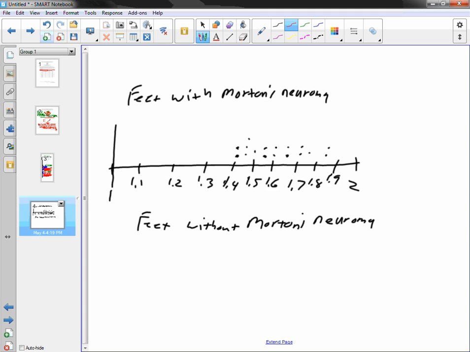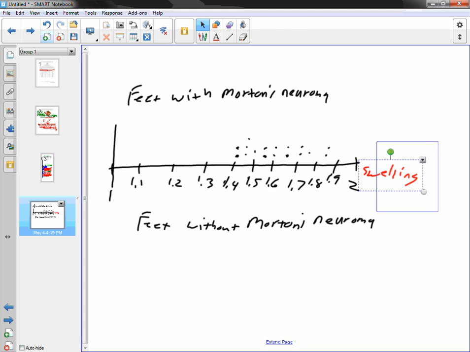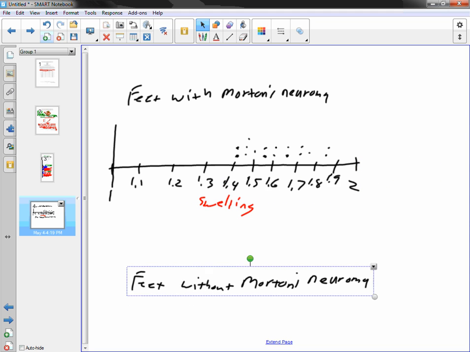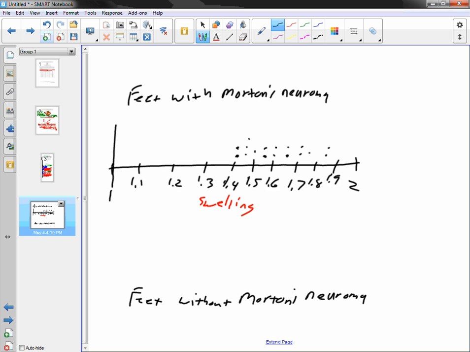So I'll just call this swelling. These numbers right here represent our swelling. You want to make sure you get a label. I'll put swelling down here, and we'll just do another plot, from 1 to 2.